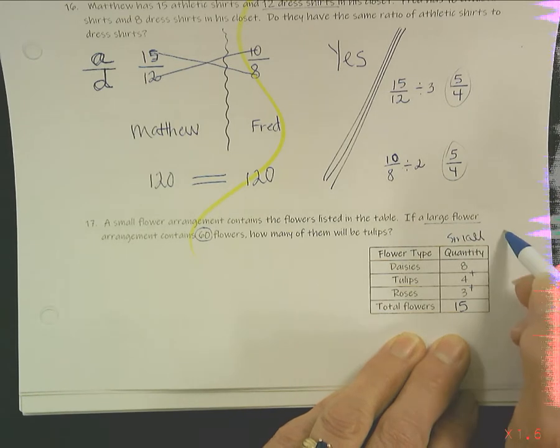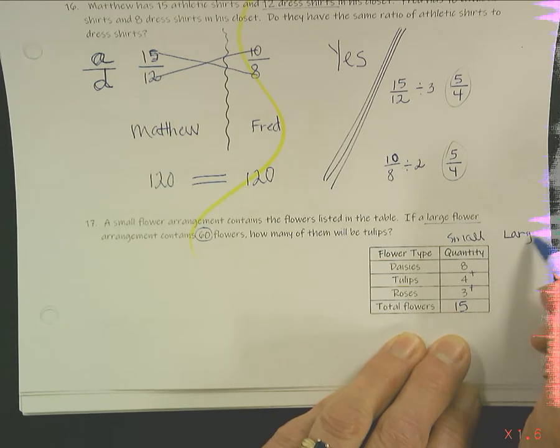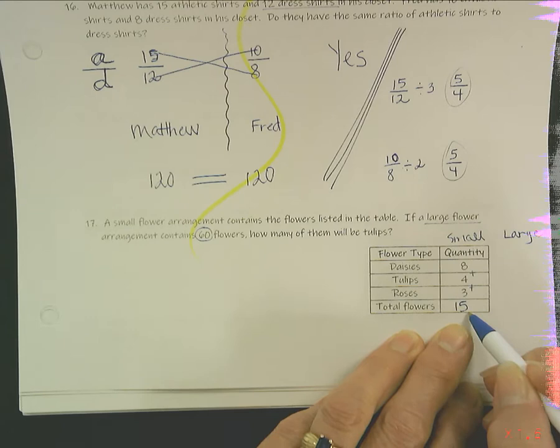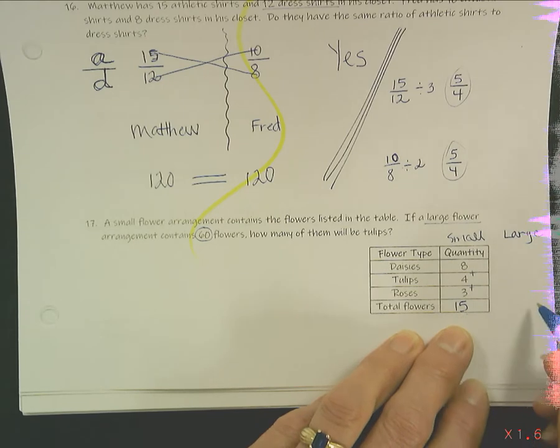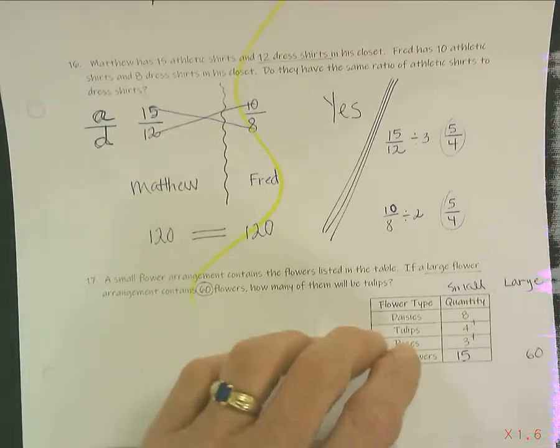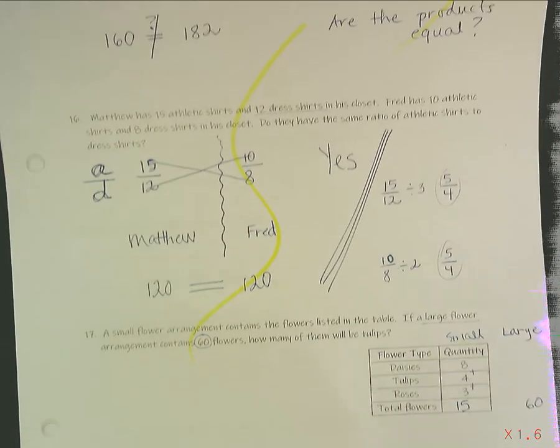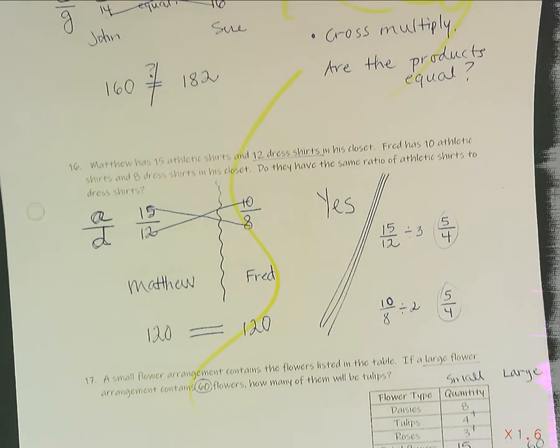We want to figure out how many we need for the large. I want you to figure out what you multiply 15 by to get all the way up to 60. Use your calculator. I'm going to pause the video while you guys work on that.